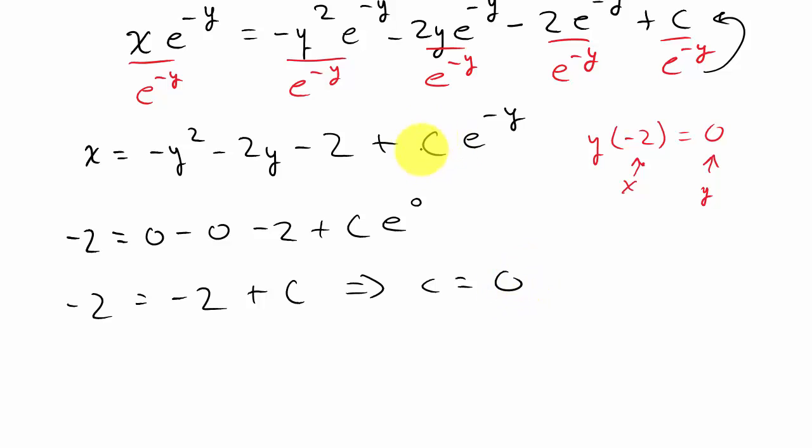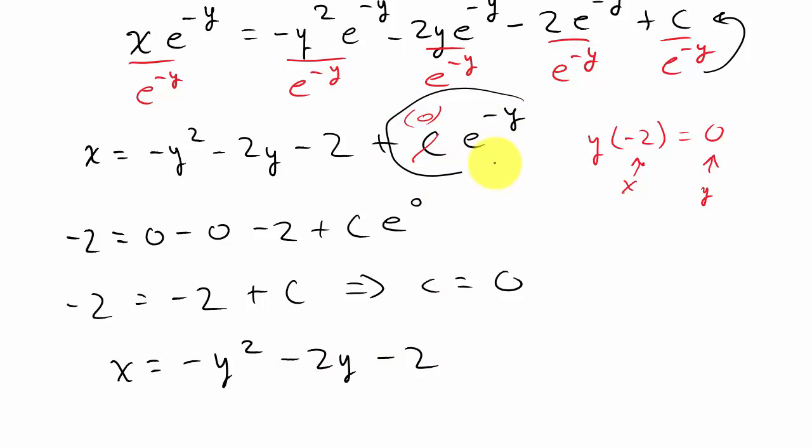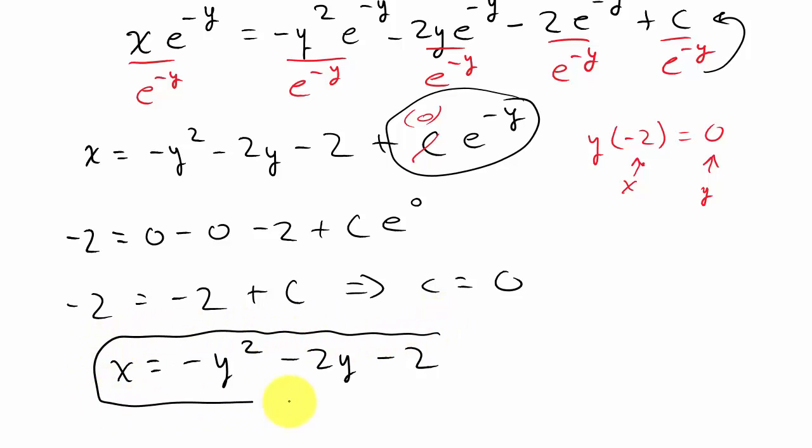Okay, so plugging the 0 into here, that's just going to go to 0. So my final solution is x equals negative y squared minus 2y minus 2, because this term here went to 0. And this would be my solution.